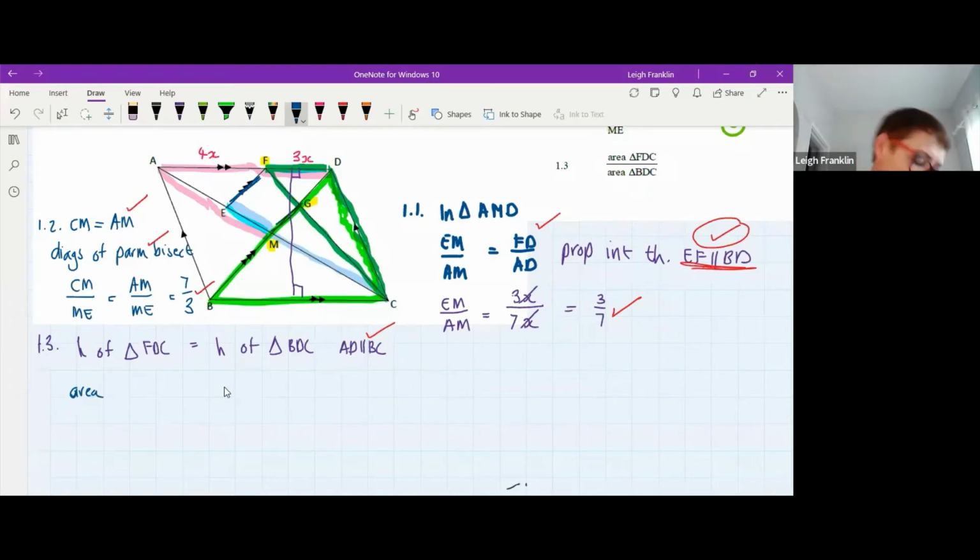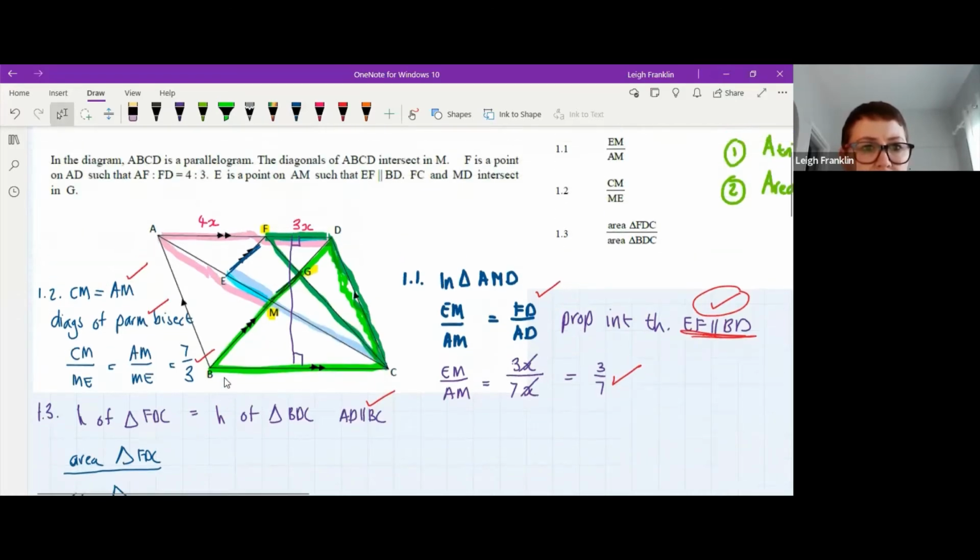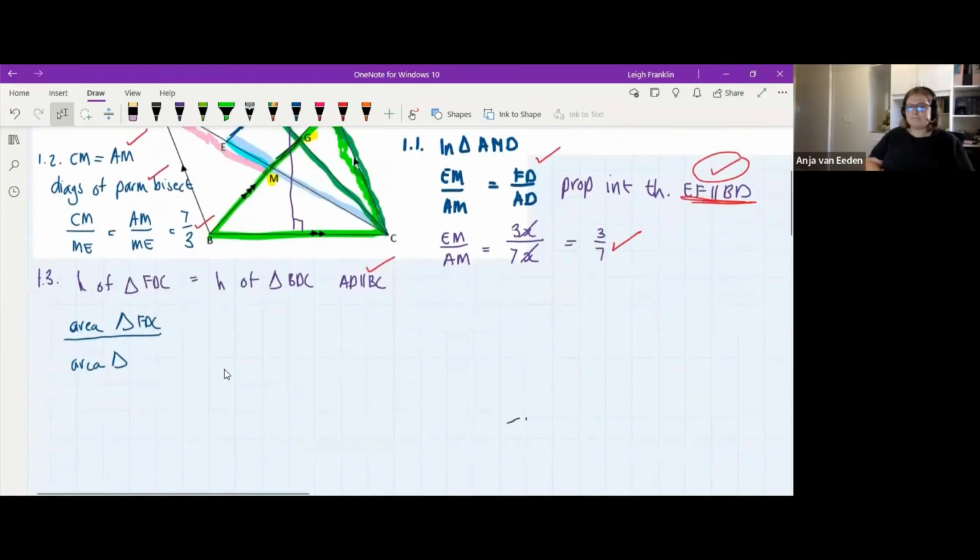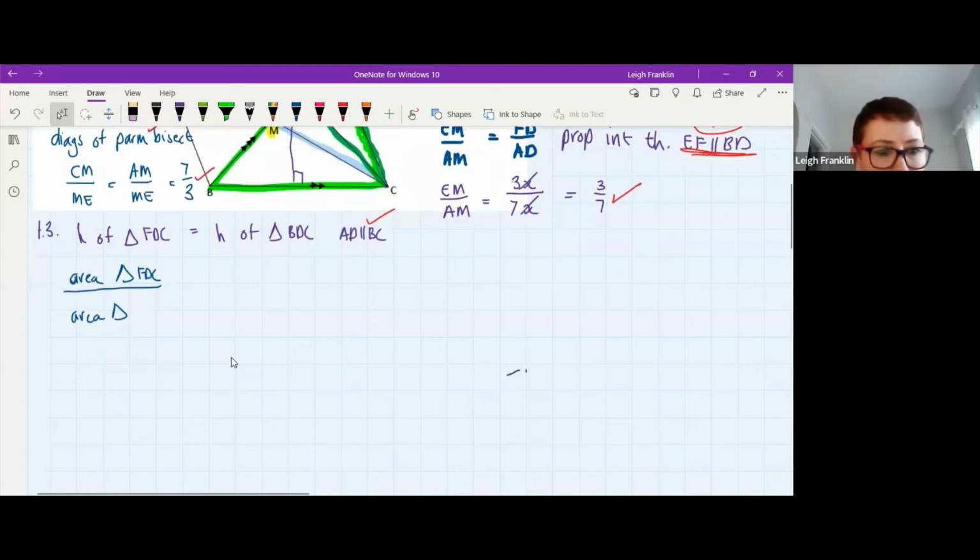Area of triangle FDC over area of triangle BDC is going to be half base times height.